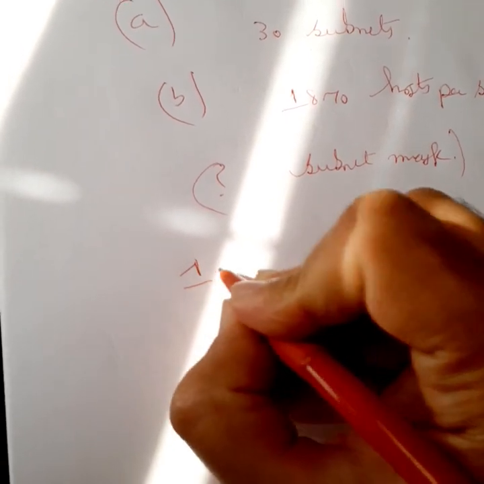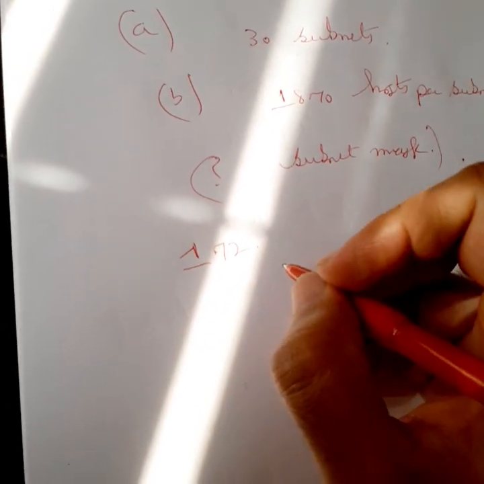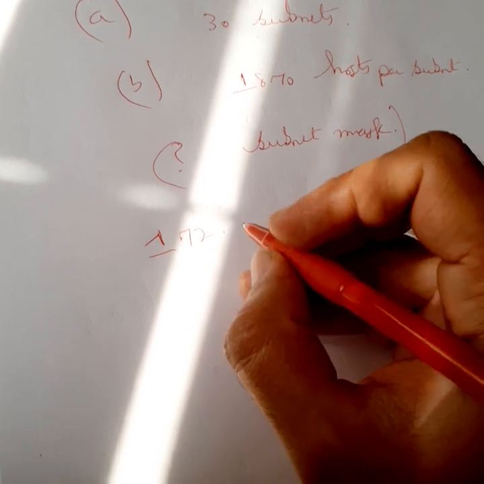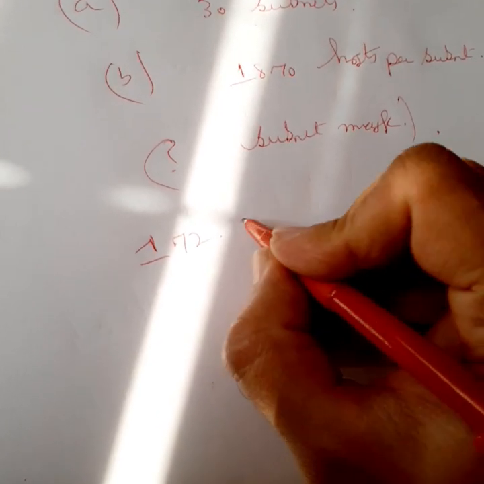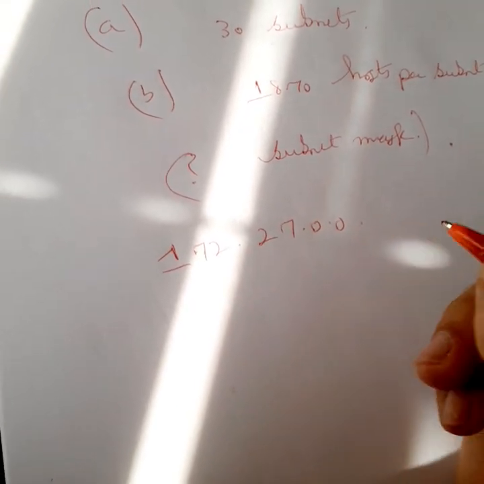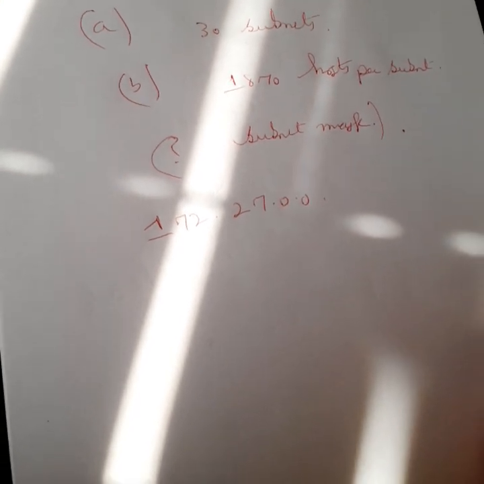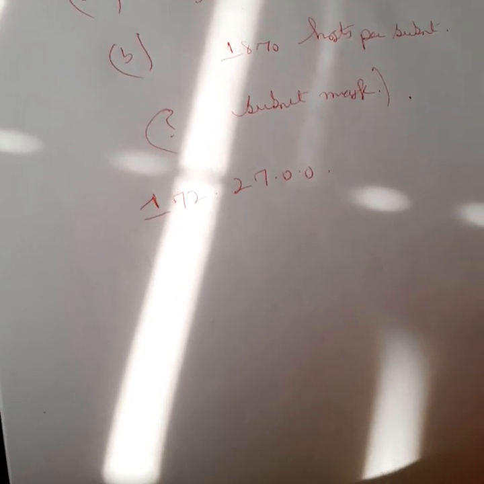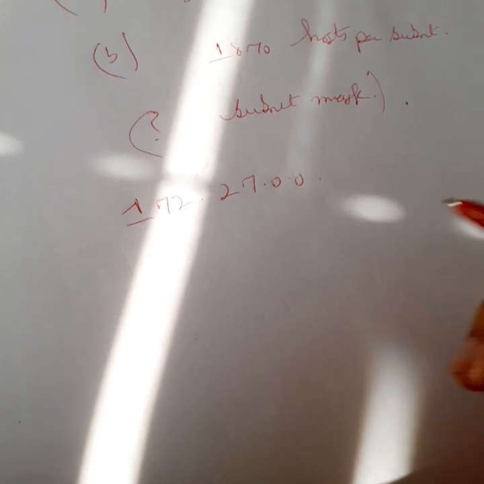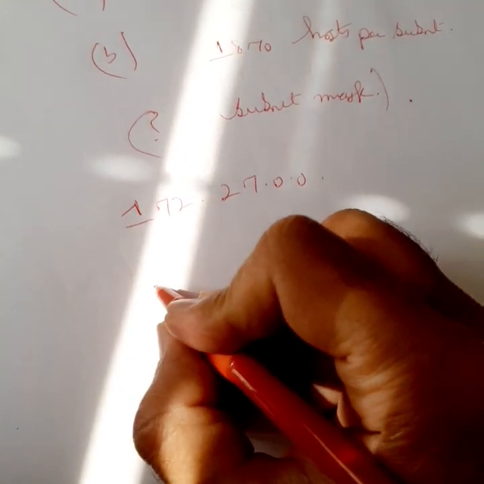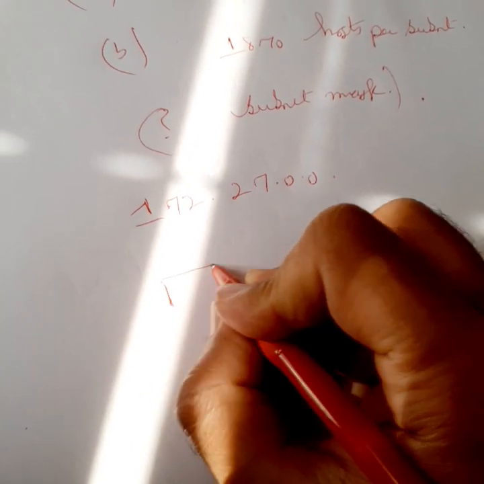I'm going to choose an IP address. There we go, a class B IP address. Again the procedure is the same.